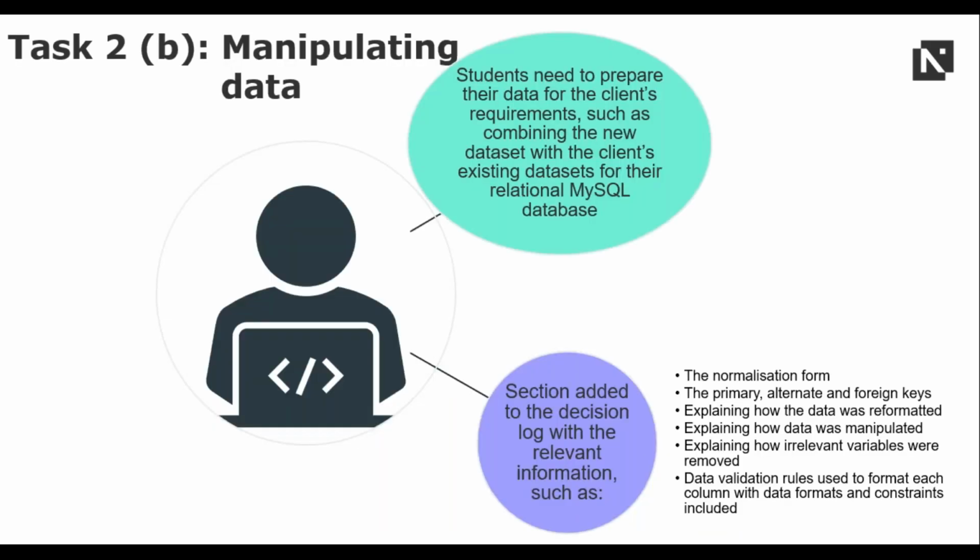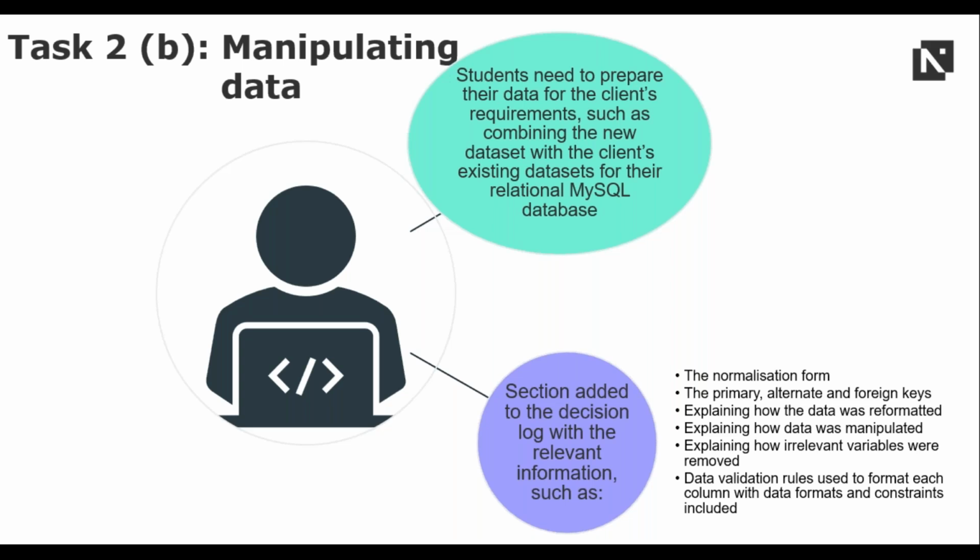Task 2B will ask students to perform further manipulations and combinations, such as preparing the single data set created for combining with an existing relational database. The decision log will need to be updated with the actions and decisions made for this part of the task.